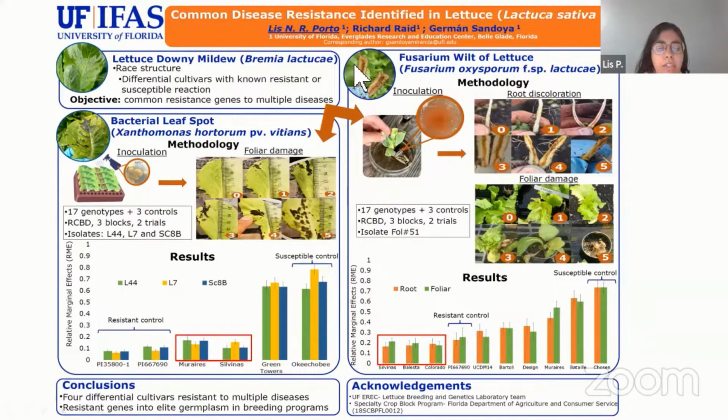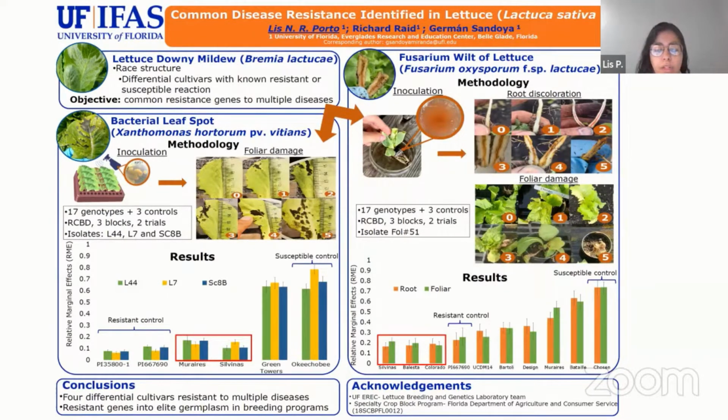So 3 different isolates of Xanthomonas hortorum pv. vitians, the pathogen of bacterial leaf spot, were inoculated in the 17 differential cultivars. And after 10 days, these plants were evaluated for disease severity using a rating scale varying 0 to 5.